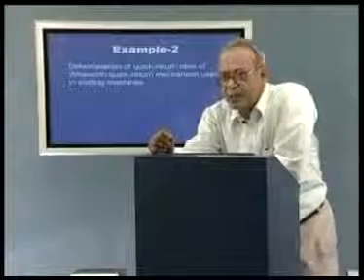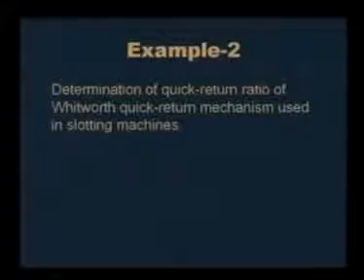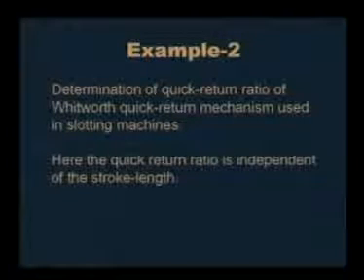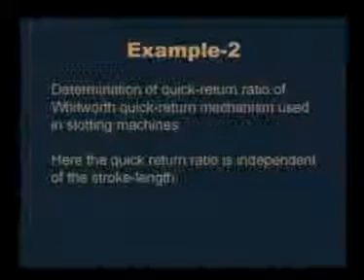This is our example 2, that is determination of quick return ratio of Whitworth quick return mechanism used in slotting machines. As I have said earlier, we will also show that in this mechanism the quick return ratio will be independent of the stroke length.